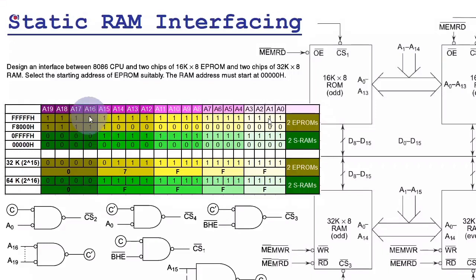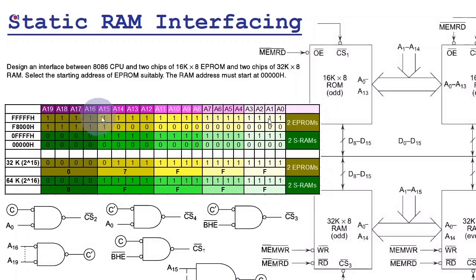So this is one point. We discussed last term that when designing a system, the address lines used by the memory chips are fixed, and the remaining address lines are used as chip select signals. That is why we are NANDing all these signals from A15 to A19.